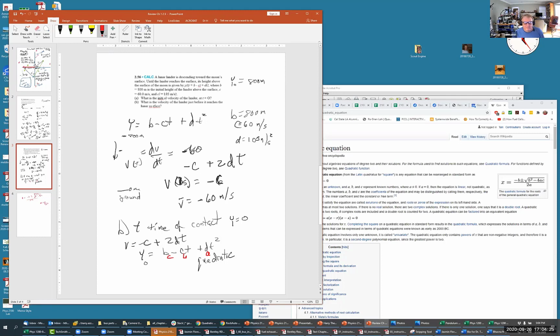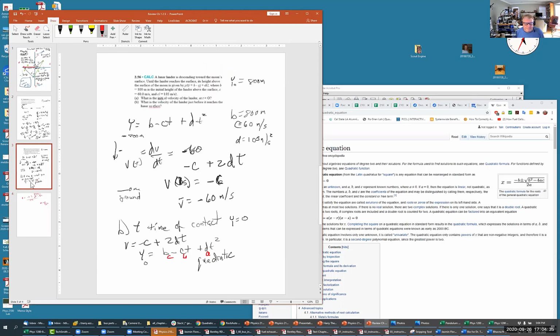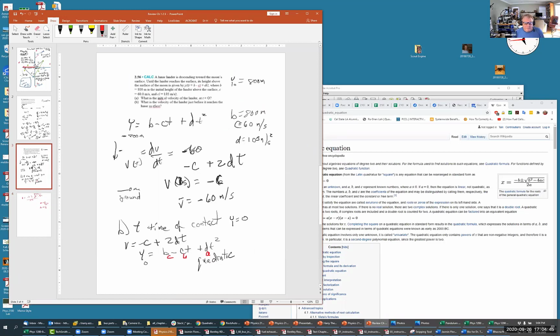c is 60 meters per second. Am I right? No. b is 60 meters per second. And a, b, c is 800, right?